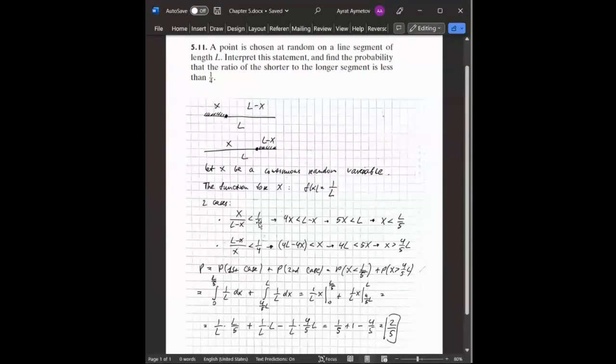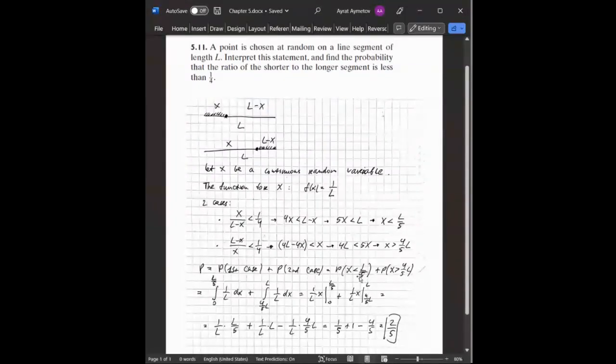Okay, in the first case, this ratio is the same as x less than L/5. And in the second case, this ratio is the same as x more than 4/5 L. So to calculate the probability, we have to add the two probabilities from the first case and second case.